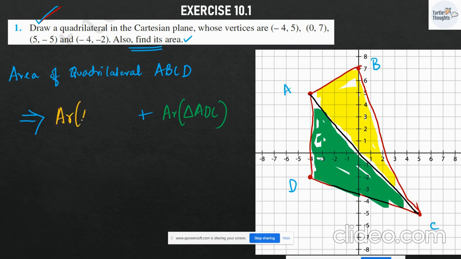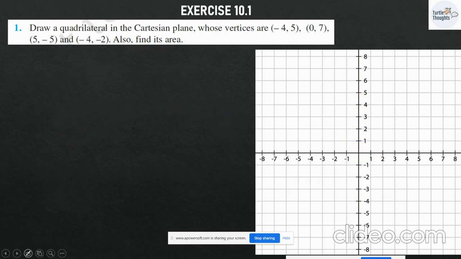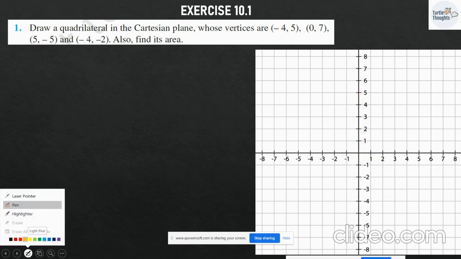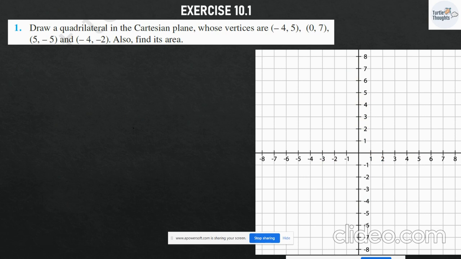So area of triangle ABC. Right? Now, how can we find the area of the triangle ABC? We have a formula, right? Yes. So I can write over here the area of any triangle. Let me write the formula first, or let me just take it from there. I already have the formula.